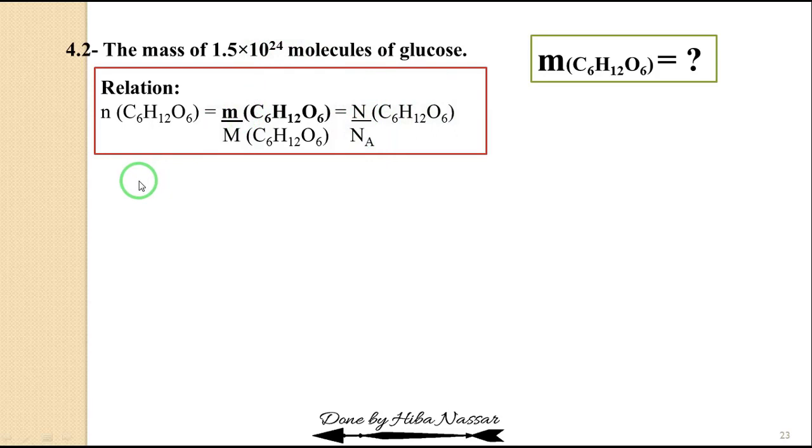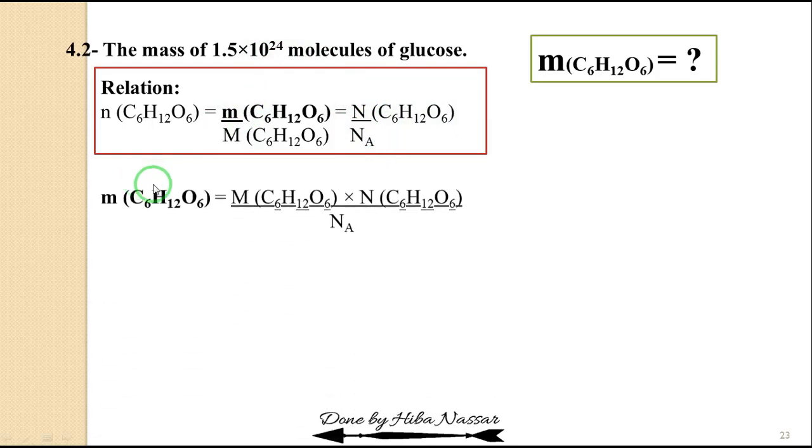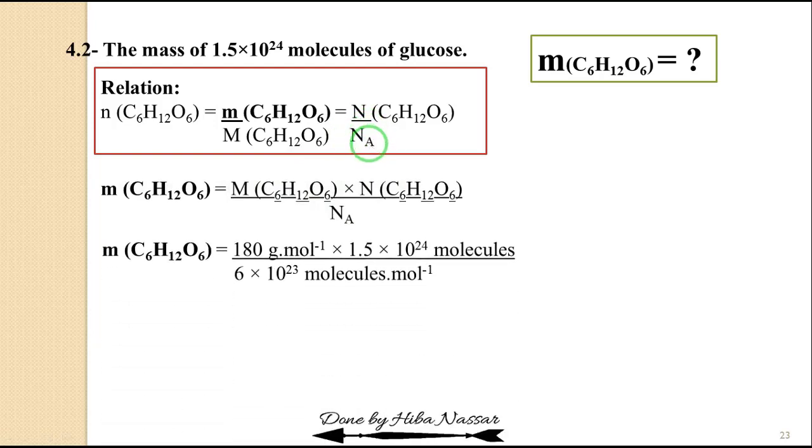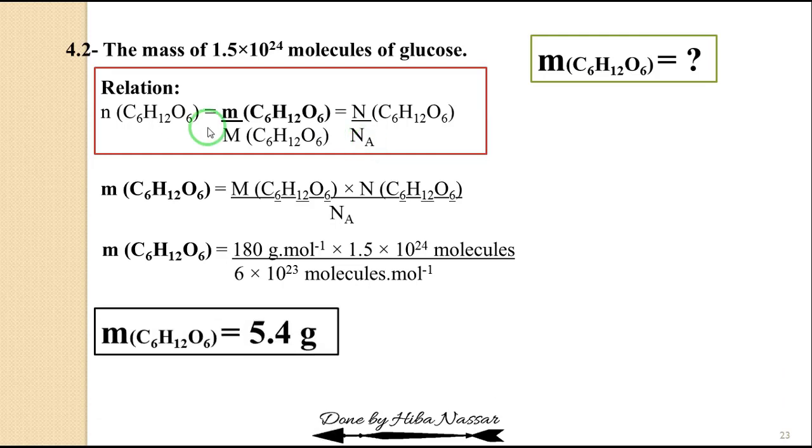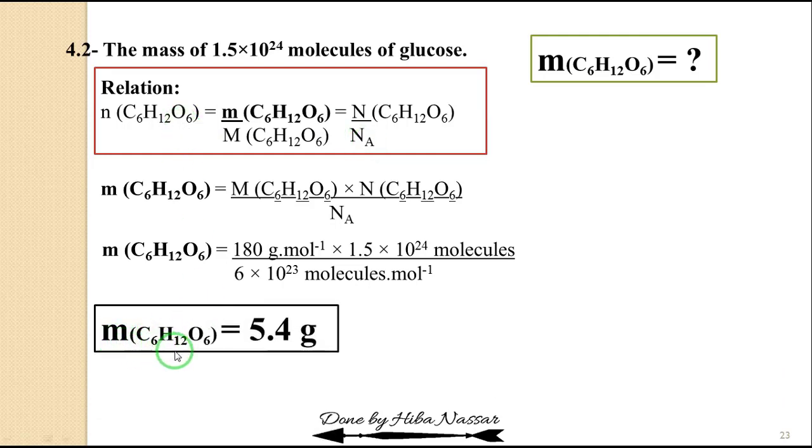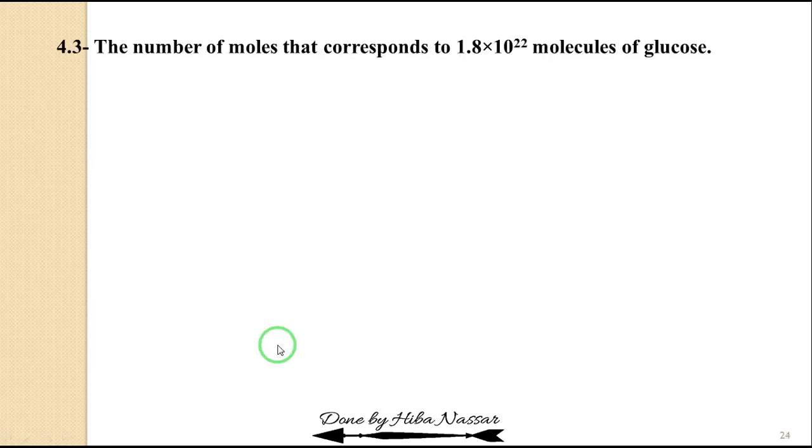So you need to calculate small letter m, the mass, so it's equal to the molar mass times the number of molecules divided by the Avogadro's number. So directly we can deduce that the mass of glucose is equal to 5.4 gram.